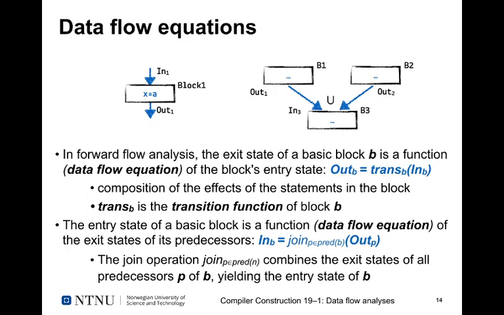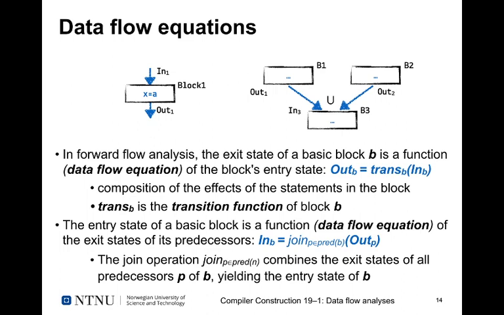So how can we actually consider data flow equations, and how can we obtain these? In forward flow analysis, we have the exit state of a basic block B, we call it out B, and this is a function of what's happening inside of our basic block, like this assignment here. So out B is trans B of in B, so trans B is the transition function depending on the code contained in our block.